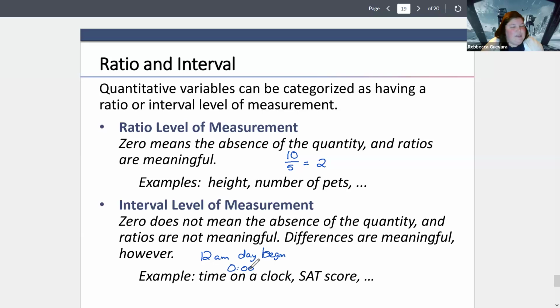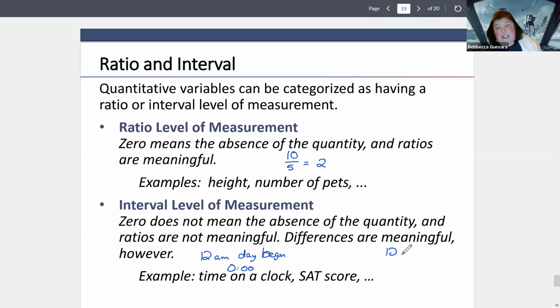But that 0 does not mean that time ceased to exist. It's an arbitrary measurement of when we say the day is going to begin. We just decided that a certain time that we mark as being 0 hundred hours or midnight is going to be the beginning of the new day. So it's an arbitrary measurement when the time on the clock is 0000. It doesn't mean time ceased to exist. It's just an arbitrary measurement.